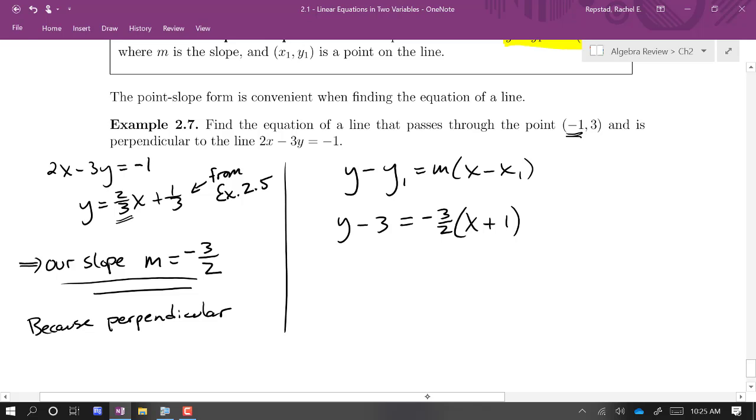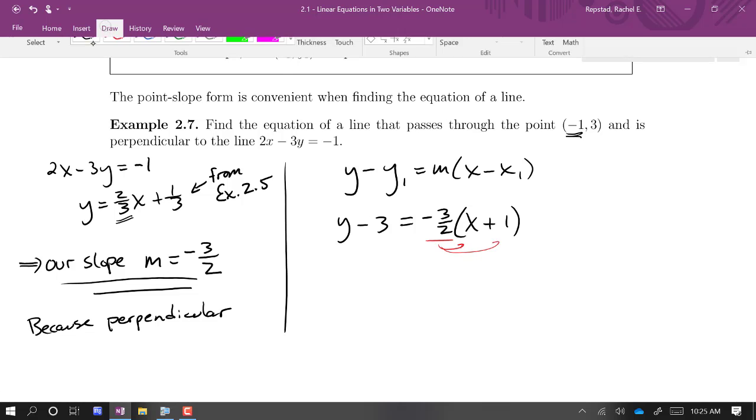If you're doing a problem like this and checking results in the back of the book, usually they'll either write it in slope-intercept form or the standard form. So to get it in slope-intercept form is fairly simple. We're just going to solve for y. We'll distribute this negative 3/2, distribute your slope, and then add 3 to both sides.